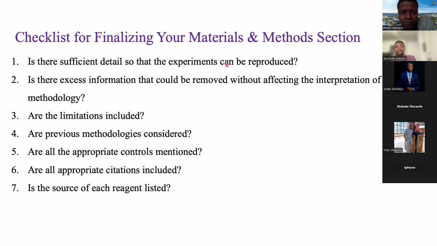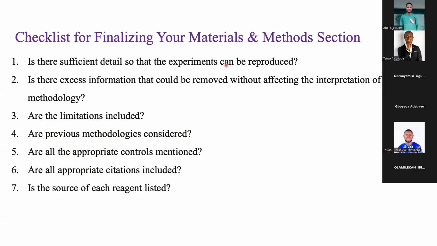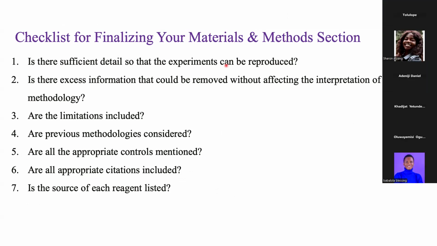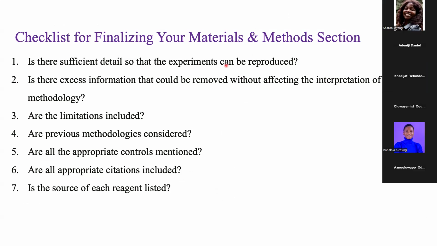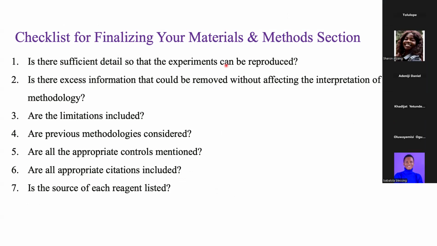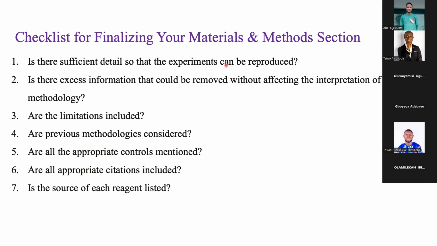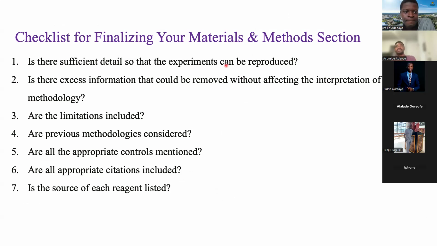So, in conclusion, when you try to finish your manuscript, there are some important questions you need to ask yourself about your materials and methods. Because, as I said, the purpose of the methodology is that other people can back up on it and use it for their research, and you are also trying to sell the method you've used or how you plan to achieve your objective.